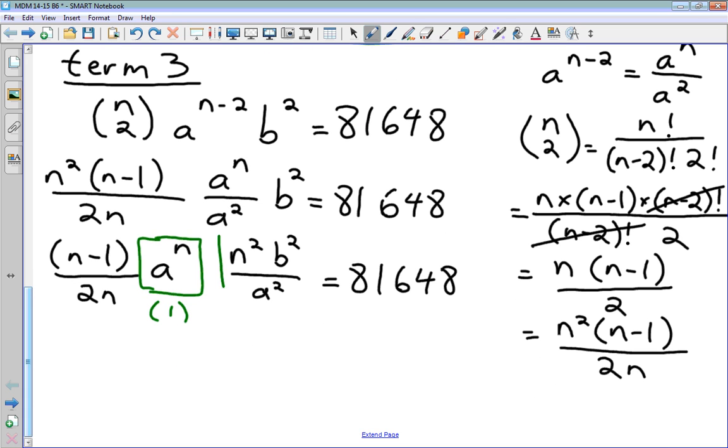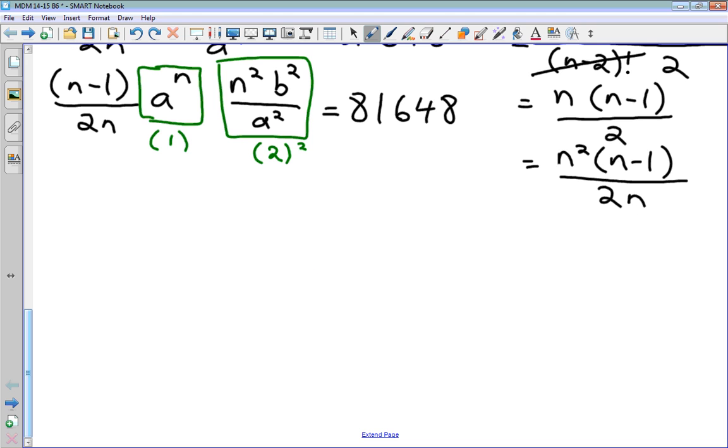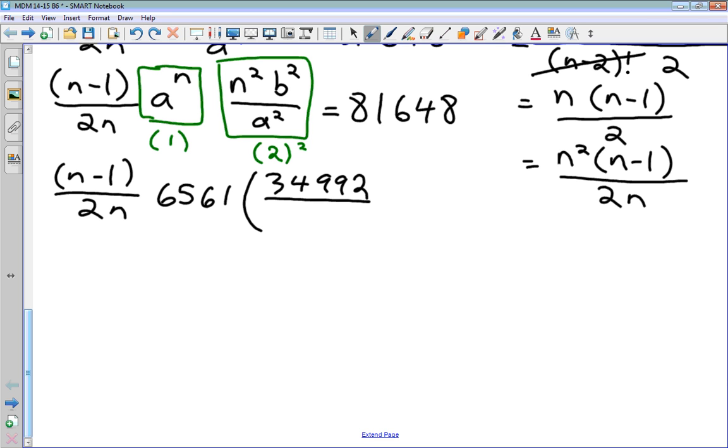So this is equation 2 squared. So let's make those substitutions. We'll keep the n minus 1 all over 2n. a to the n is 6,561. Equation 2 was 34,992 all over 6,561, and that is squared. And this is equal to 81,648.